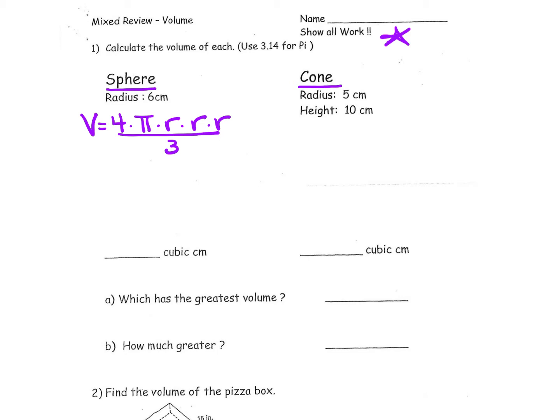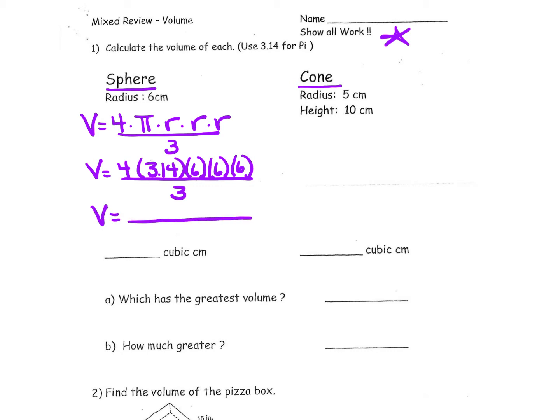We only need a radius of 6 centimeters. Take a moment and substitute. 4, and remember, pi is going to be 3.14 times 6 times 6 times 6, and that entire quantity will be divided by 3. Grab your calculator and punch in the problem.